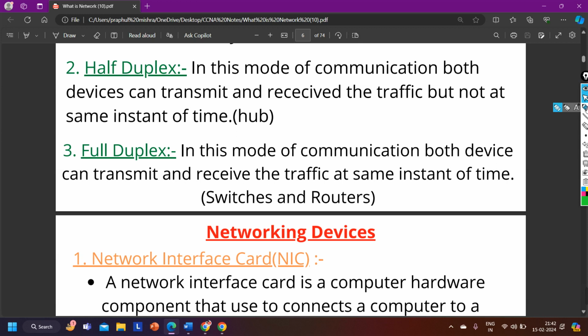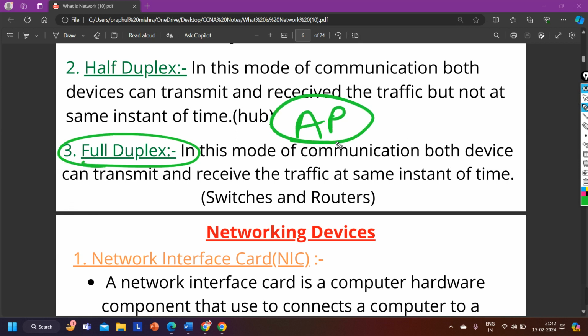And all the networking devices that we are using nowadays work on what? Half duplex, except the AP, access point, because again the access point is working on half duplex only. You can use an access point as full duplex also, but you have to configure it. By default it works on half duplex. Clear?